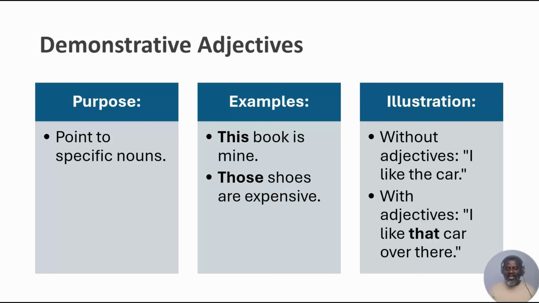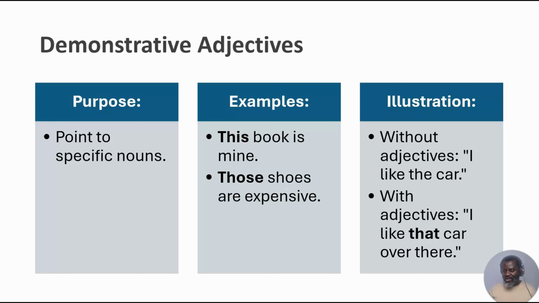This is about something that is here, and the plural of this is these. Then we have those, which is something a bit distant. It could be 1 meter, 2 meters, or even more than 3 meters away from us. We can say that for singular: that shoe is expensive. Those shoes are expensive for plural.